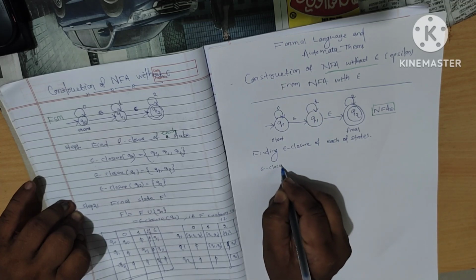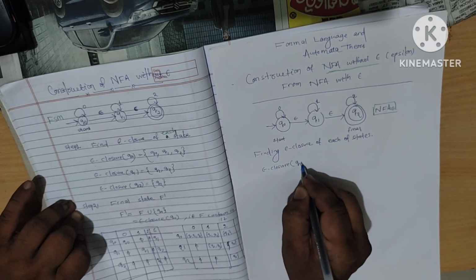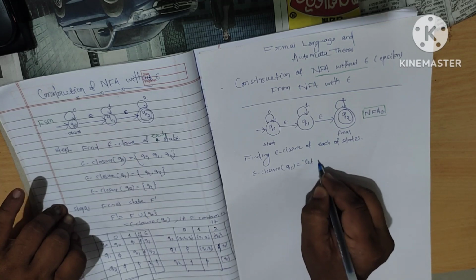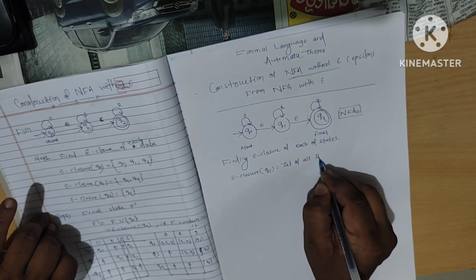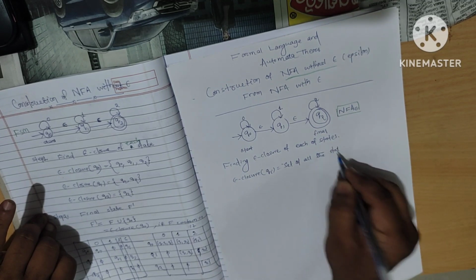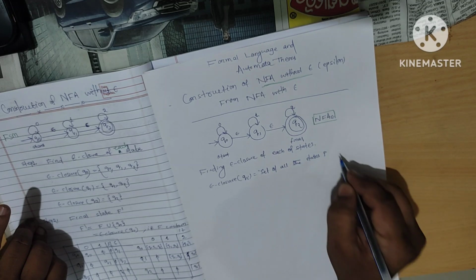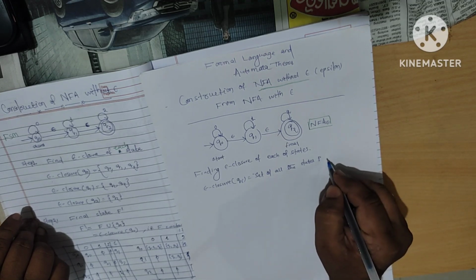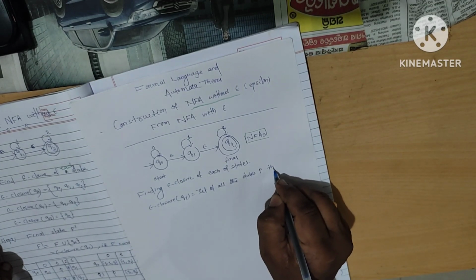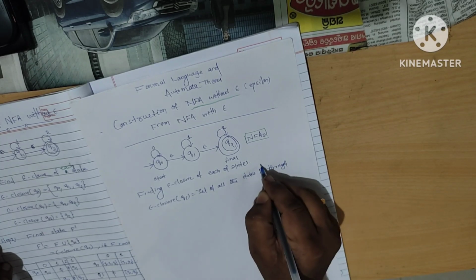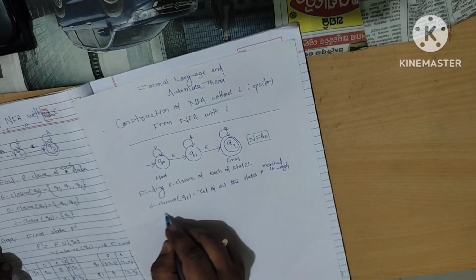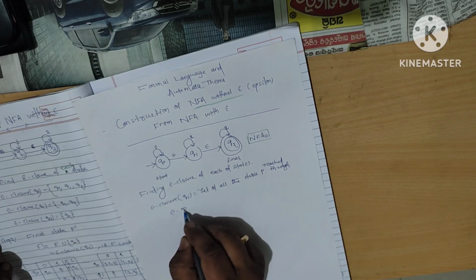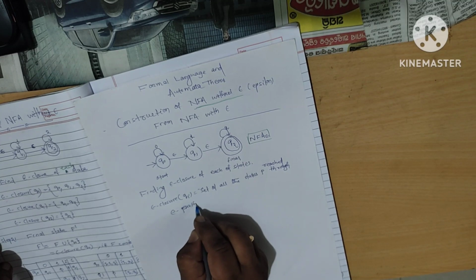The definition says that the epsilon closure of any state Qi is the set of all the states P reached through an epsilon path.